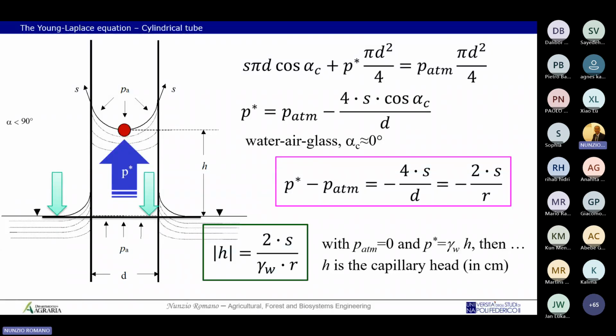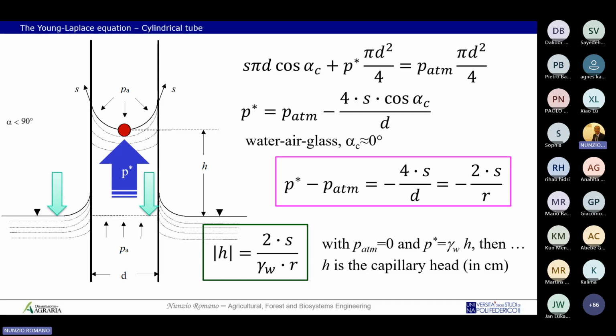I just made this animation trying to make things clearer on that point. If you refresh your knowledge of physics, this black line, and I want to repeat it many times, is an isobaric line. Isobaric means that the pressure over this horizontal line is the same at any point. Which pressure?